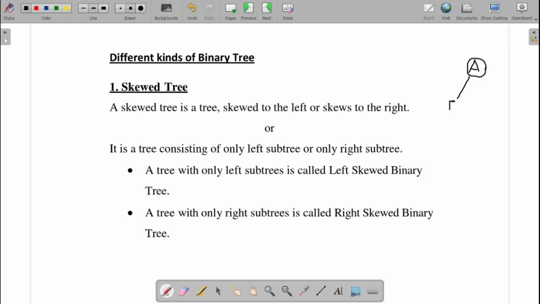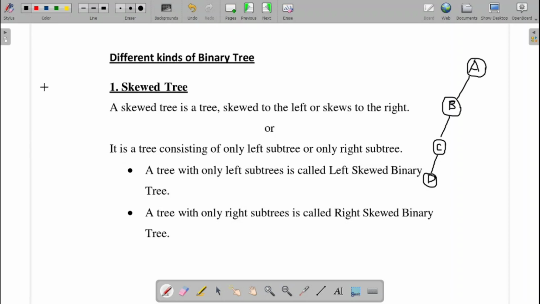In the example, B is the left child of A, C is the left child of B, D is the left child of C. So this is a left skewed tree.